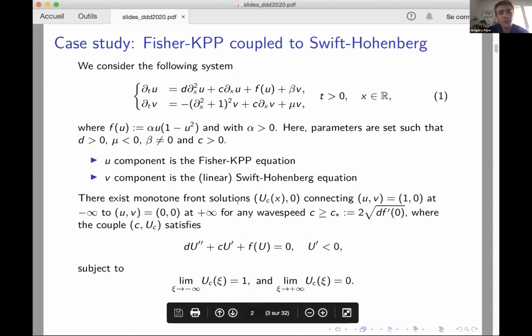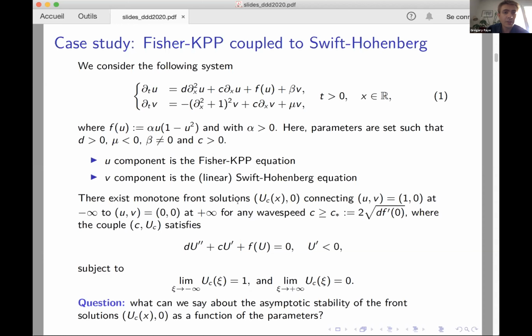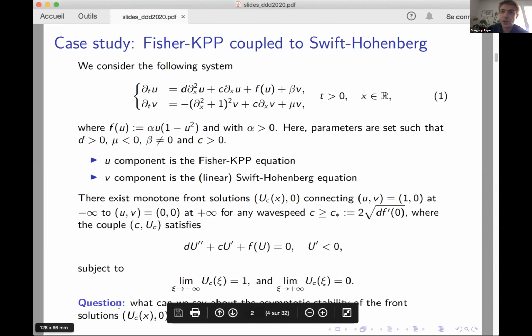And so the question that I want to address, or try to give some hint of what can happen, is: what can we say about the asymptotic stability of these traveling wave solutions? So I will be taking a perturbation around such a solution and see what we can say about this perturbation.